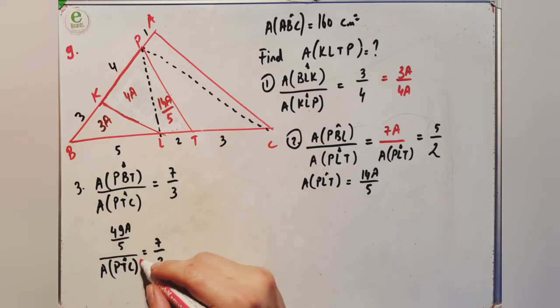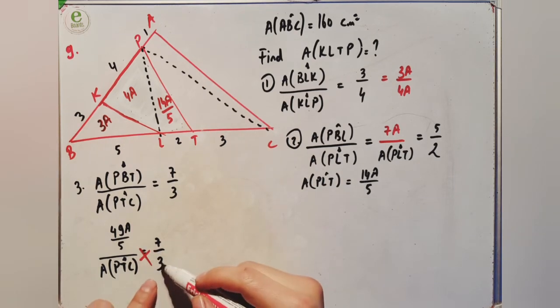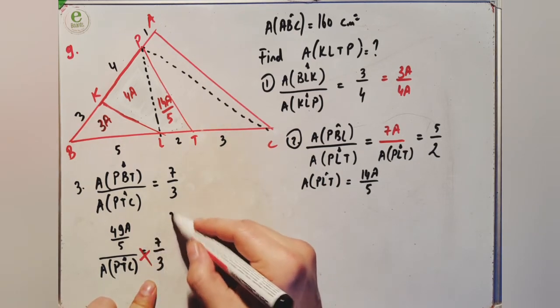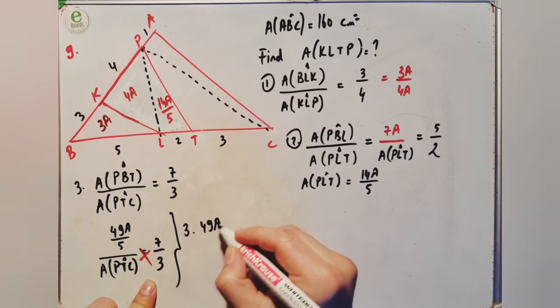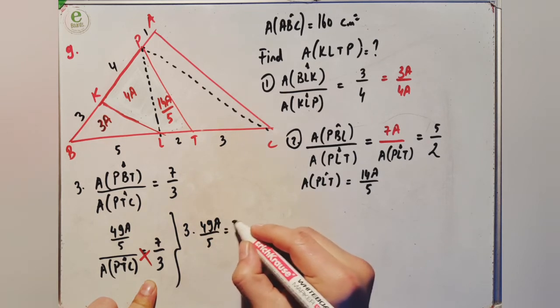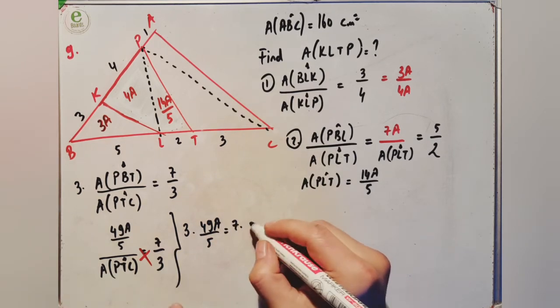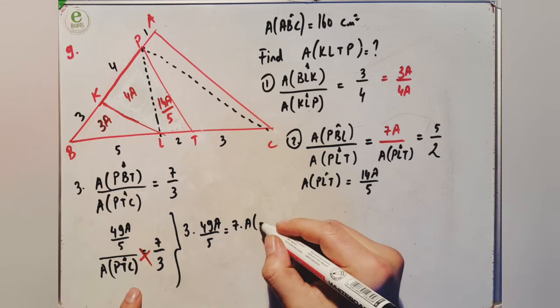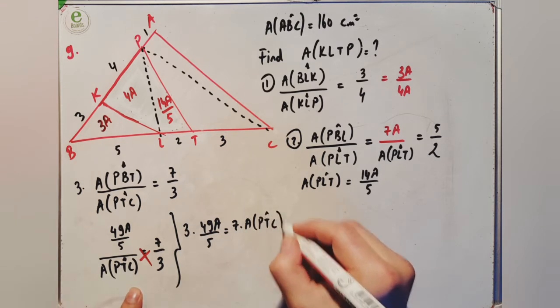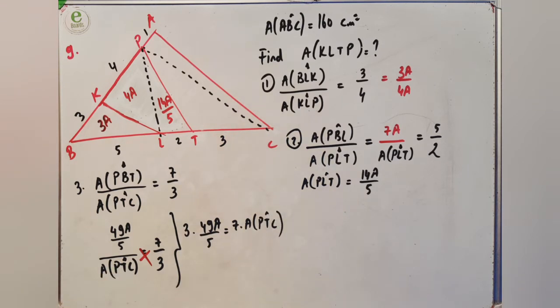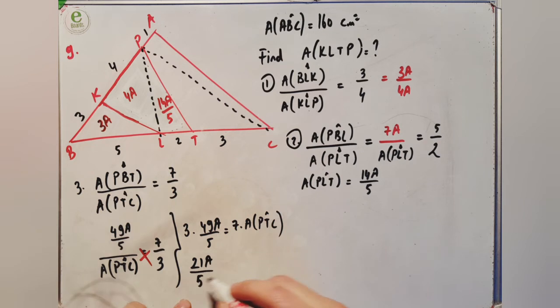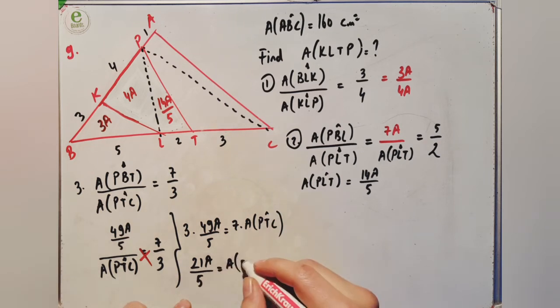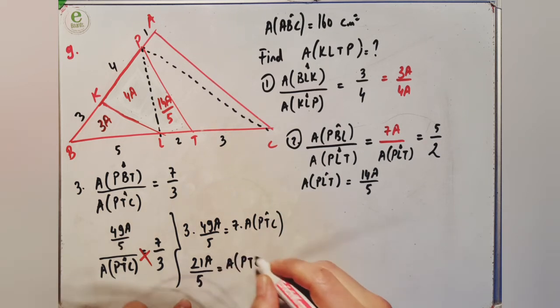Cross multiplying, 3 times 49A over 5 is equal to 7 times the area of PTC, and we can divide both sides by 7, so we will have 21A over 5 for the area of triangle PTC.